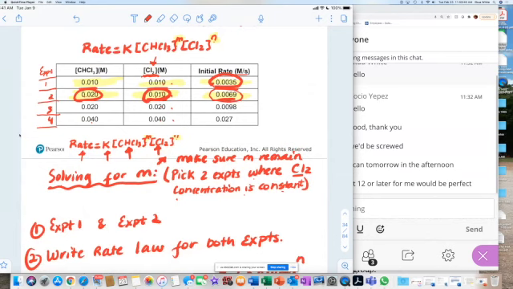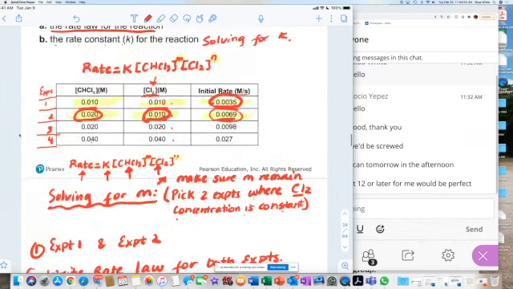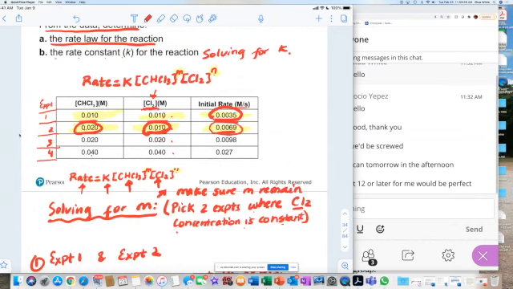You normally don't have k in the beginning, right? So k is always written as k, the constant. And open parentheses, then you have to find the number here. So I'm done with this part. The number that goes with CHCl3 for experiment 1, this number is what I'm writing next, 0.010.